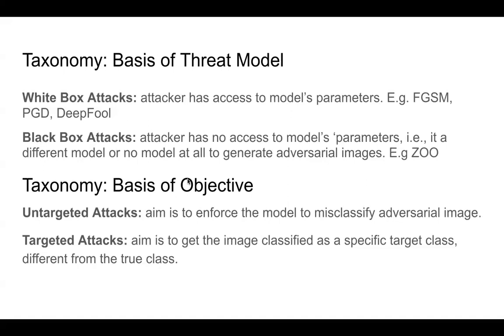This noise should have two properties. One is invisible to the human eye. That is, if you add this noise, the image should look exactly as it was before to a human eye. A human can tell, okay, this is a cat. The second is that the model should be evaded. That is, the model should predict it wrong. The model should say it's a dog, not a cat.